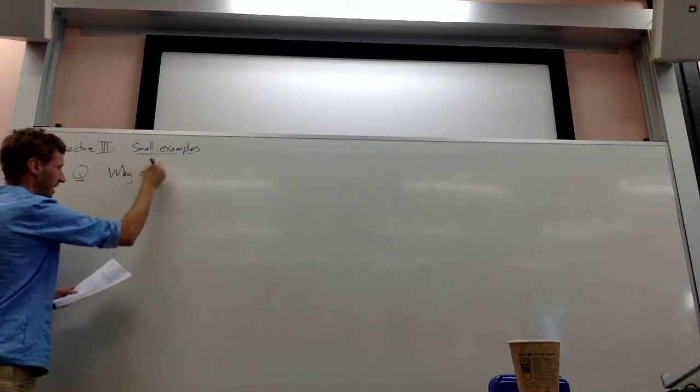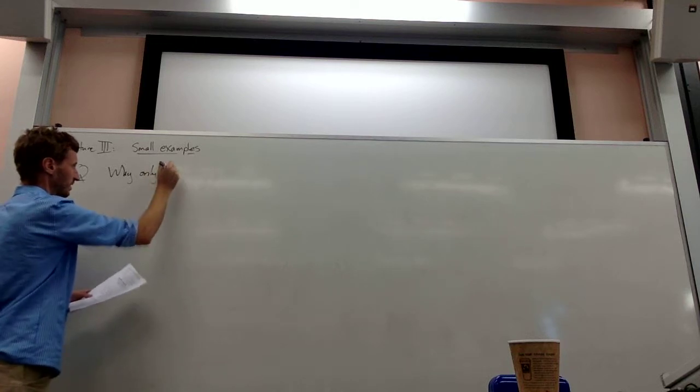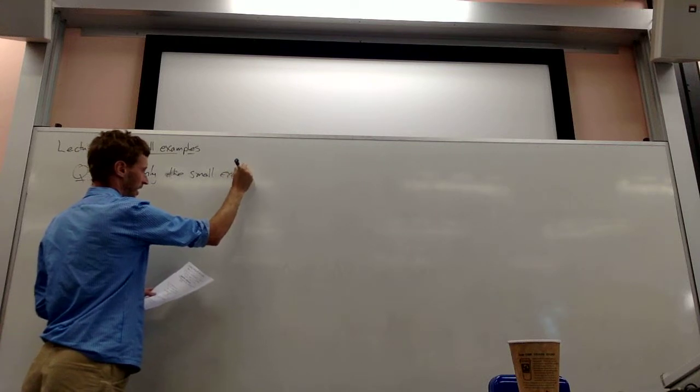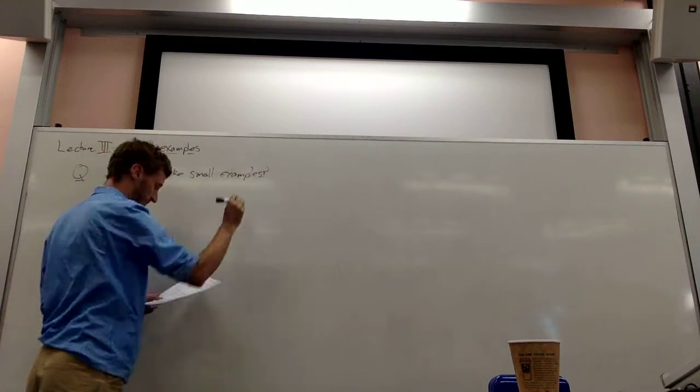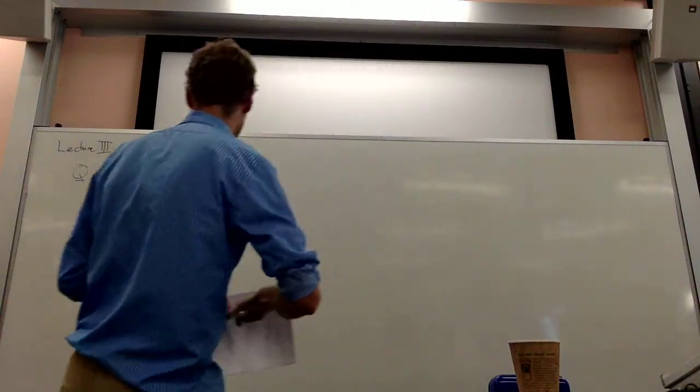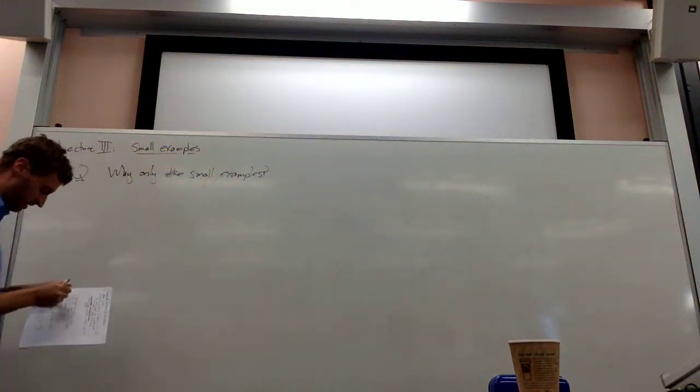I just want to say, why only the small examples? And of course, the answer is that the big ones are too hard. And so I just want to indicate a little bit about what goes wrong.